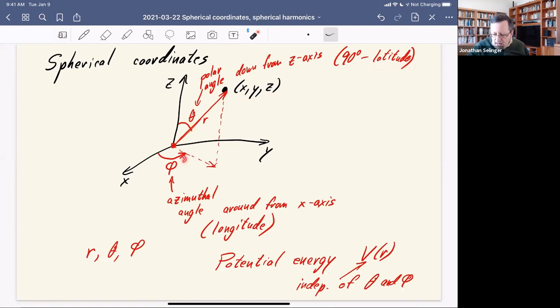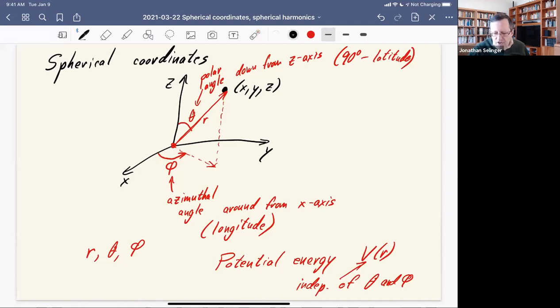And then the azimuthal angle phi, that is, if you take the vector from the origin to the point in question and you project that down into the xy plane, that vector has an orientation phi with respect to the x-axis. Okay, so based on this, we can do a little bit of trigonometry to relate the coordinates x, y, and z to the coordinates r, theta, and phi.